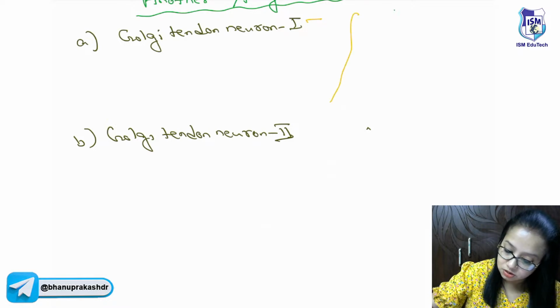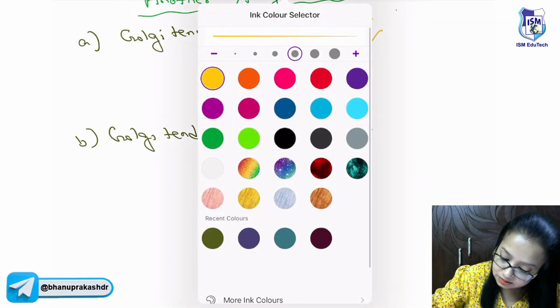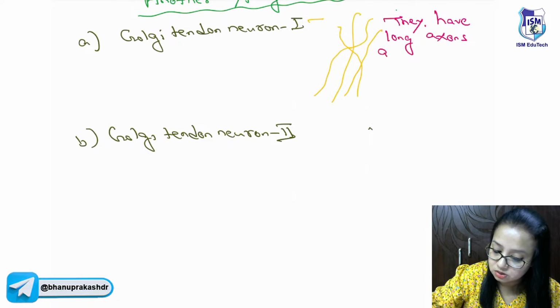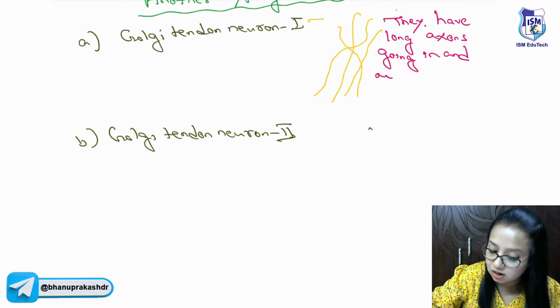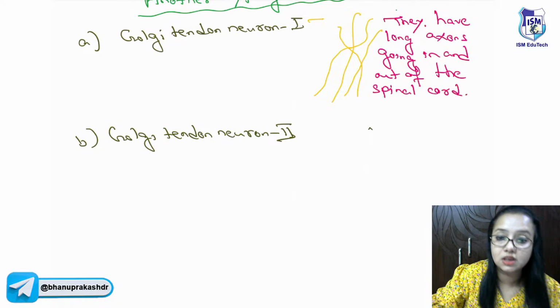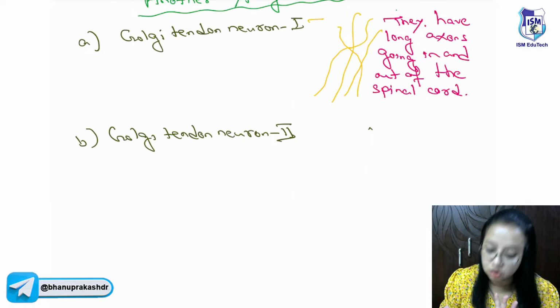If you look at the morphology, it is long and elongated, with long axons going in and out of the spinal cord.